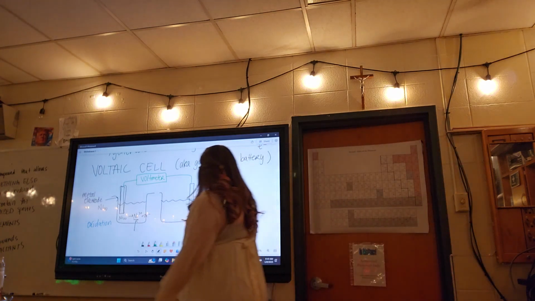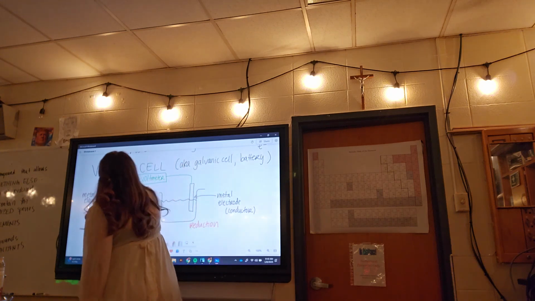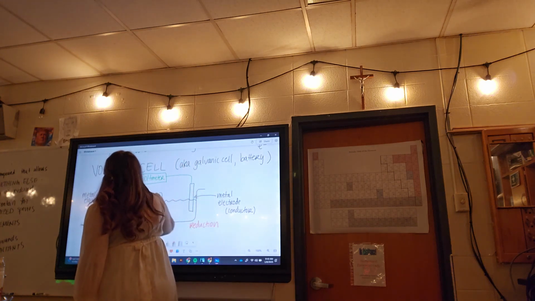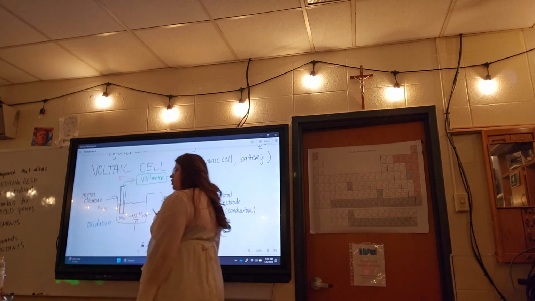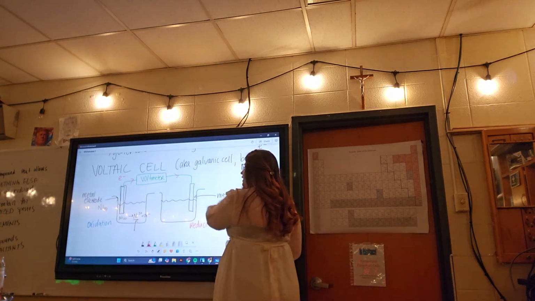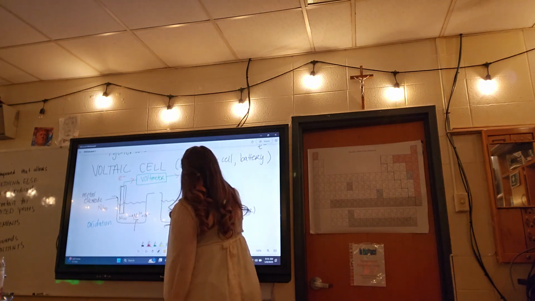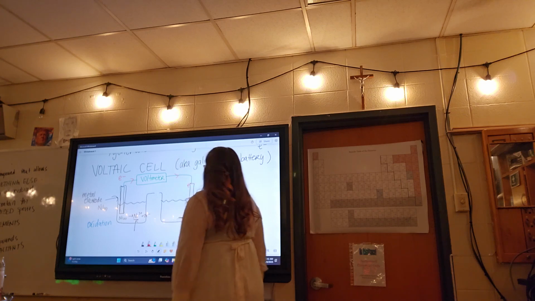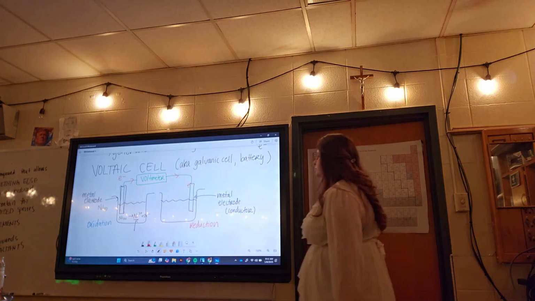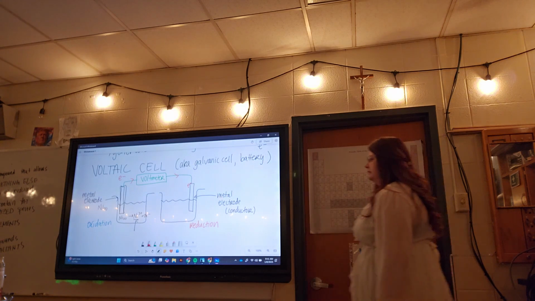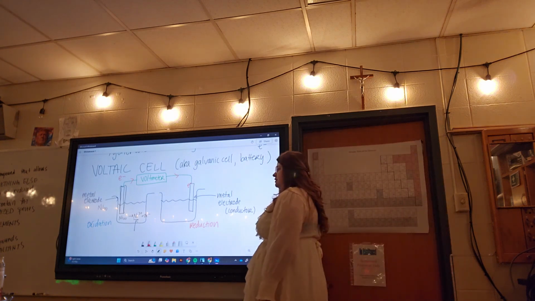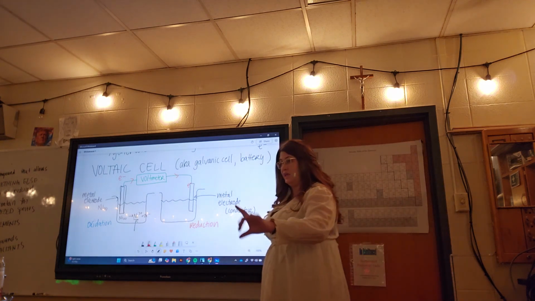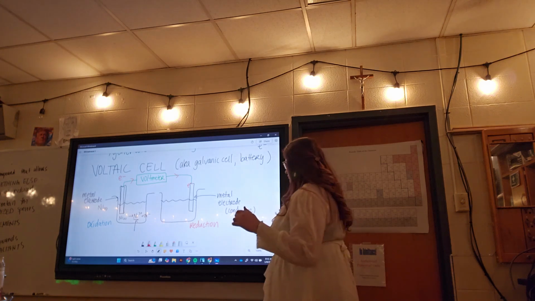How do the electrons travel? They're going to go through the voltmeter, over across into the other wire, and then they're going to hit the other metal electrode. They have to go somewhere though. They can't stay on the metal rod.